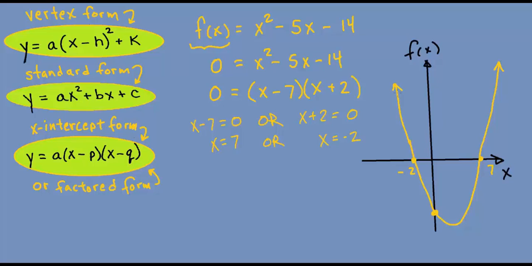Now, remember, we could find the x-coordinate of the vertex using the formula negative b over 2a that's based on the standard form. But there's actually another way to find it, because parabolas are symmetrical. So those two x-intercepts, negative 2 and 7, have to be symmetrically arranged around the midline or axis of symmetry of this parabola, right?